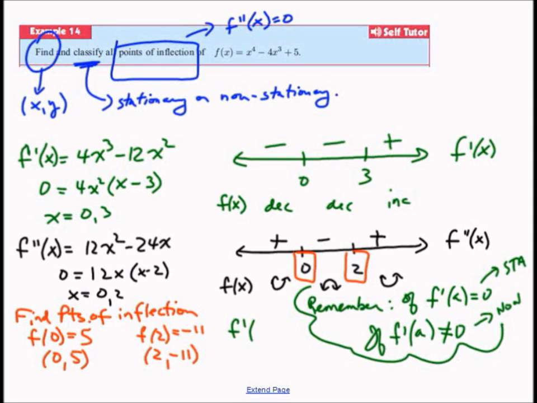f dash of 0, so 0 into our derivative function, will give us 0. Okay, so therefore 0, 5 is a stationary point of inflection. And test f dash 2.